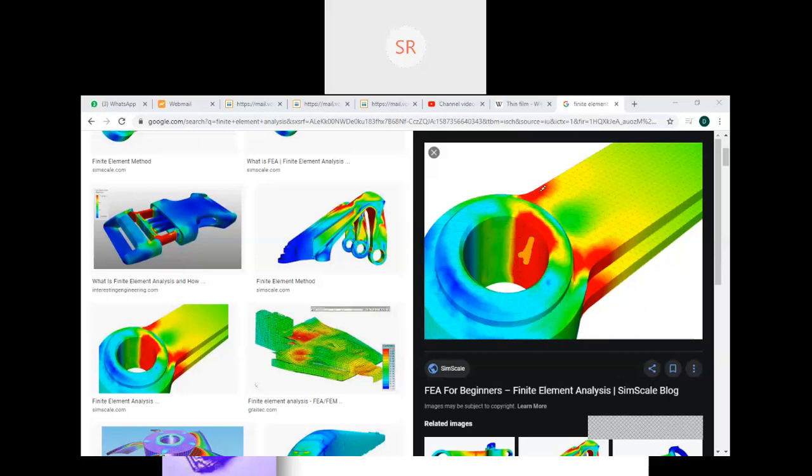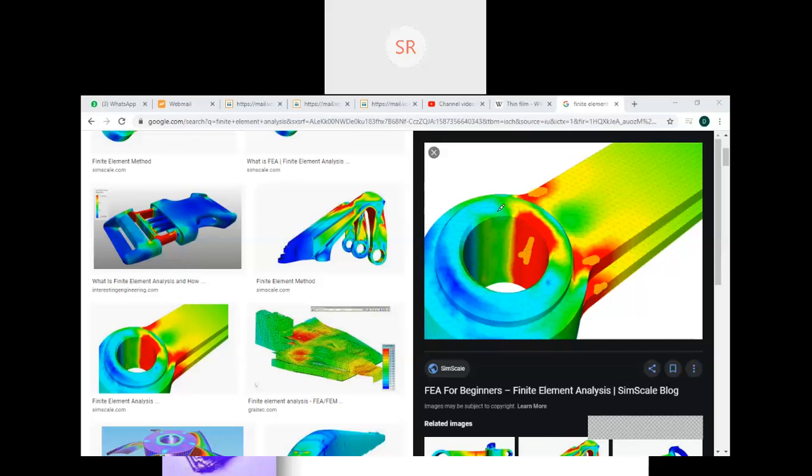At the same time, this part also has a possibility of crack during the long run of operation. So what I have done here is a finite element analysis of this part.